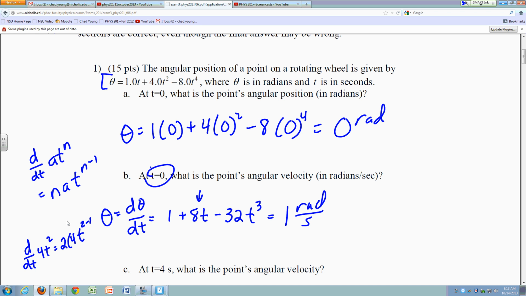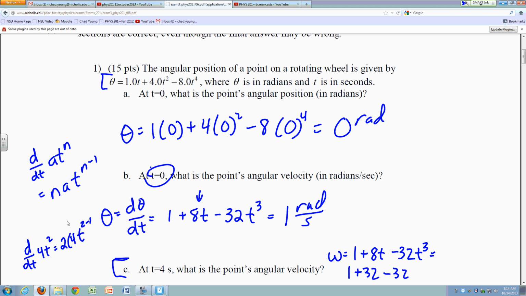All right, I also want to know at t equals 4 seconds, what is the point's angular velocity? So I have a function for omega. It's 1 plus 8t minus 32t cubed. What is that at t equals 4? 1 plus 32 minus 32 times 4 cubed.